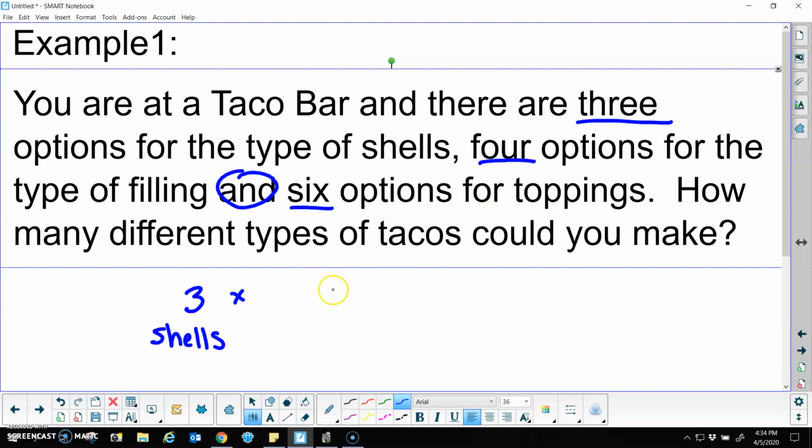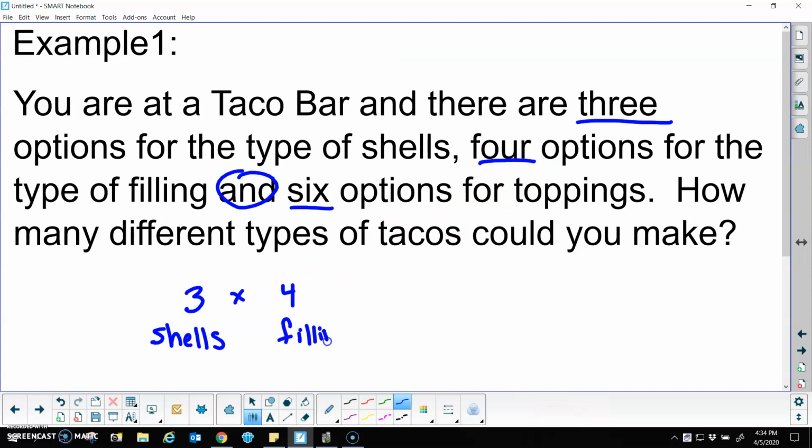There were 4 types of fillings, and then there are 6 types of toppings. According to the counting principle, all you're going to do is multiply them together. So 3 times 4 is 12, times 6 is 72. So there are only 72 different types of tacos.